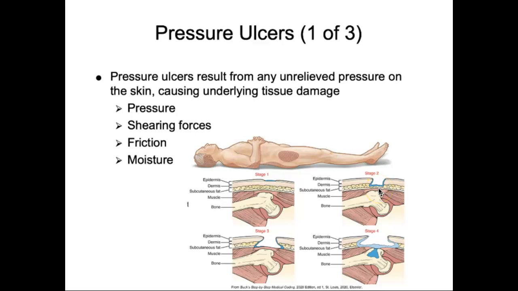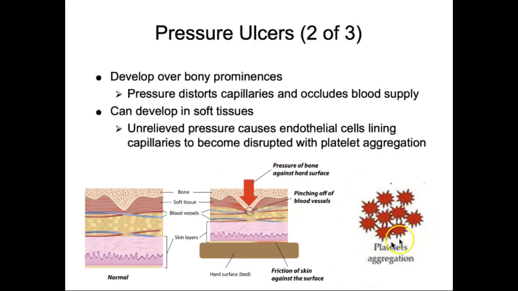Here are the platelets aggregating together, and that starts to occlude the blood supply to that area and causes hypoxic necrosis of the surrounding tissues. If it progresses, then the necrotic tissue can initiate an inflammatory response with pain, fever, and leukocytosis.